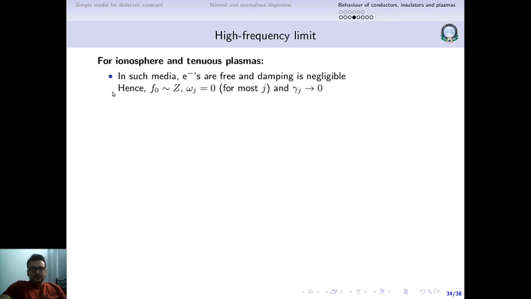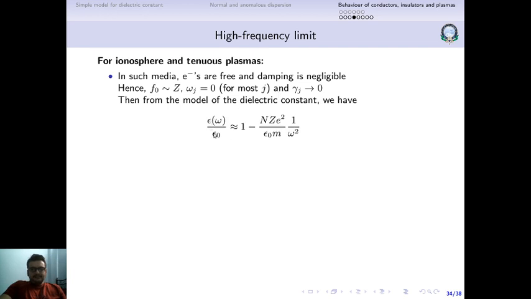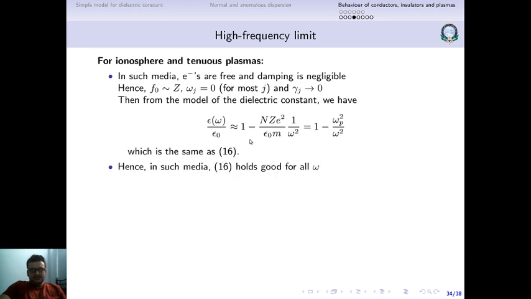You plug these facts into equation number 8 again, and that gives the dielectric constant equal to 1 minus nz e square by epsilon naught m, times 1 by omega square. Now you can note that this is again the plasma frequency, so you can write this as 1 minus omega p square by omega square. That's why it's known as the plasma frequency.